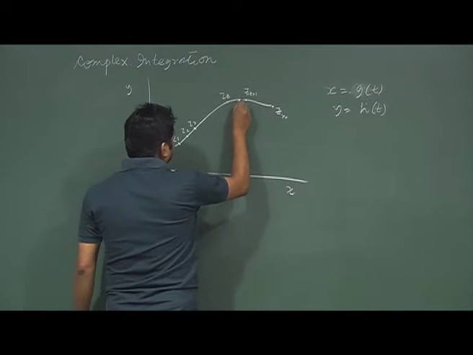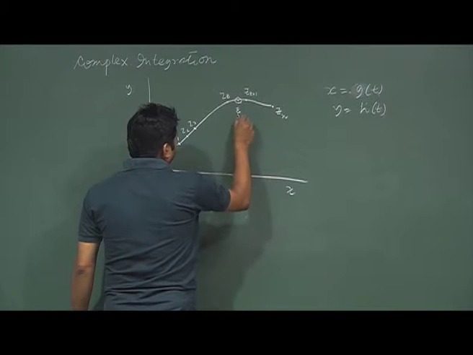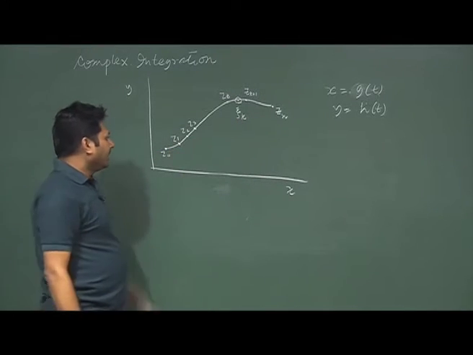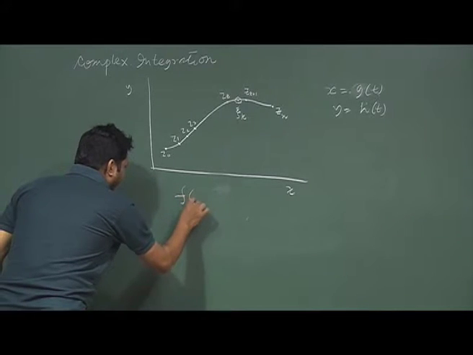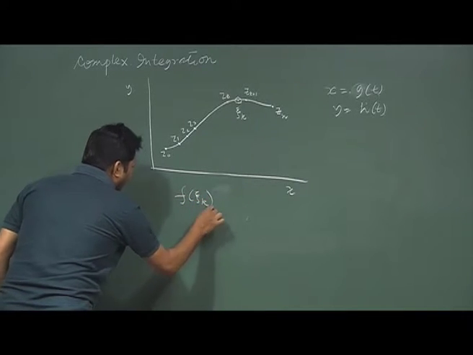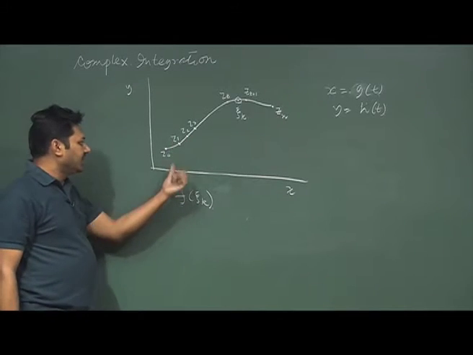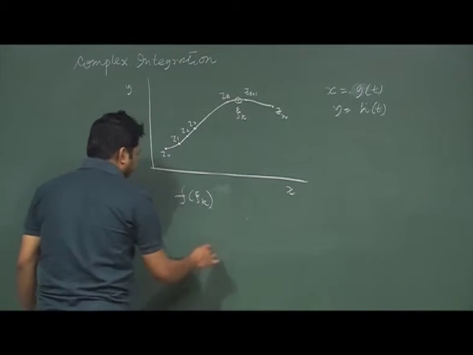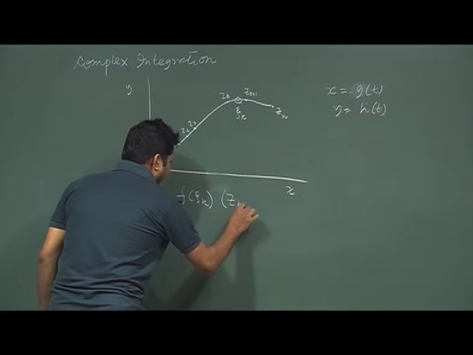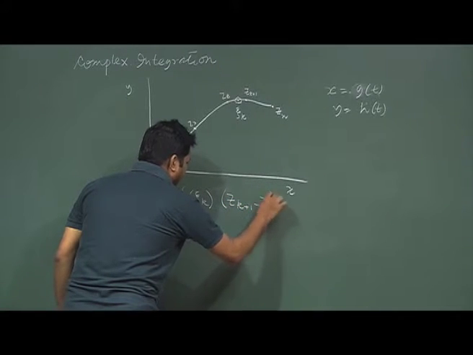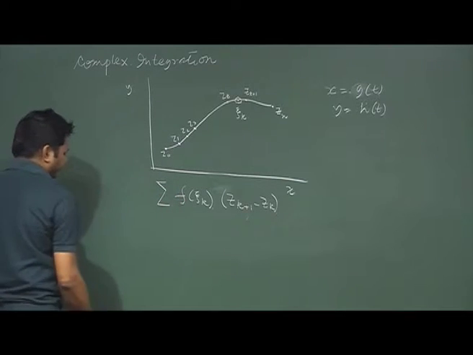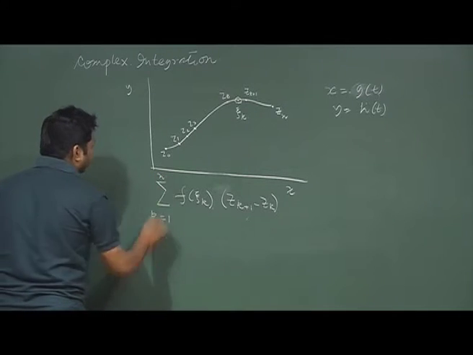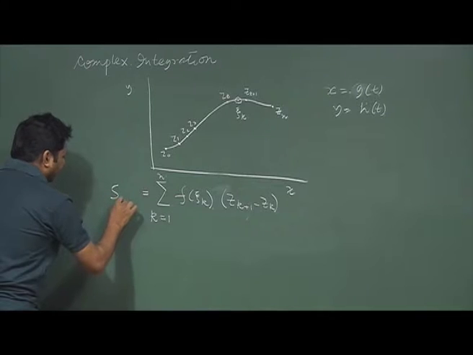Now, in between zk and zk plus 1, I assume one value, say xi k, and for this xi k I will have the functional value f(xi k). I just construct the formation of the integration. So, I am taking f(xi k) every time multiplied by zk plus 1 minus zk, with a summation k from 1 to n, and I call this summation Sn.